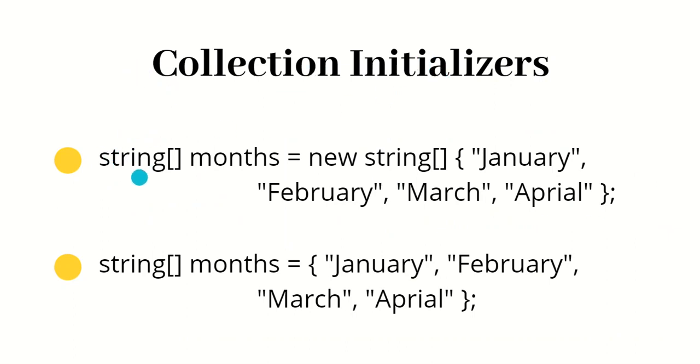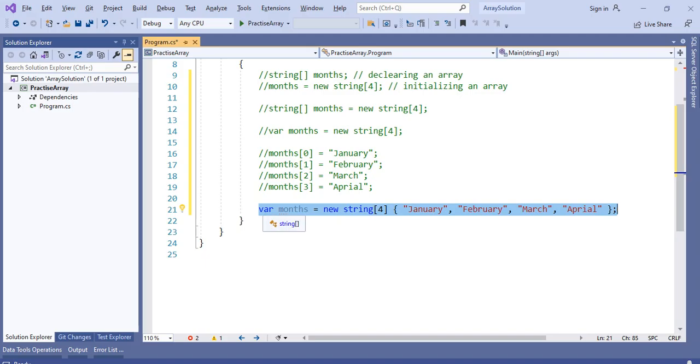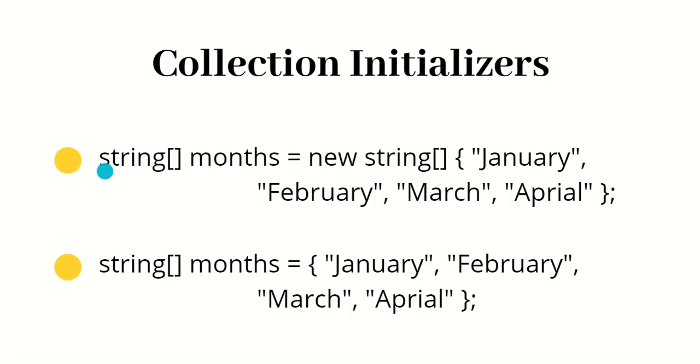I actually used the var keyword, but we can also use the string data type, then the array name, and also new string. If the size is not declared, we can also do it like this, and we can also omit this new string part.